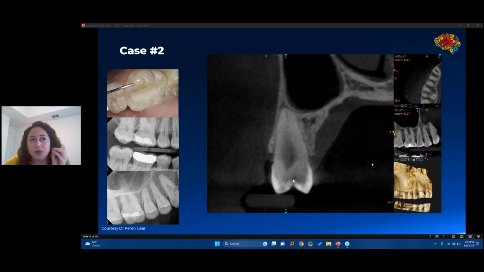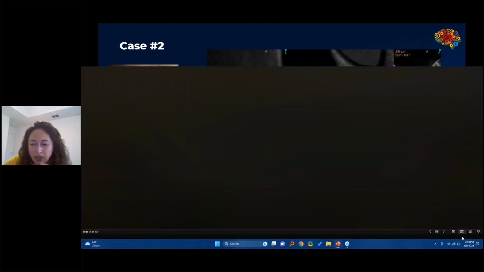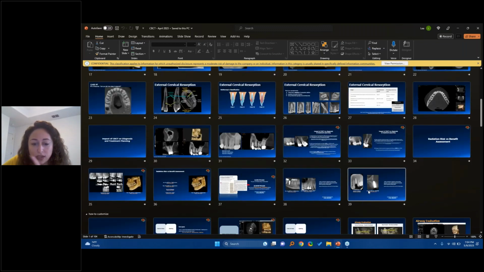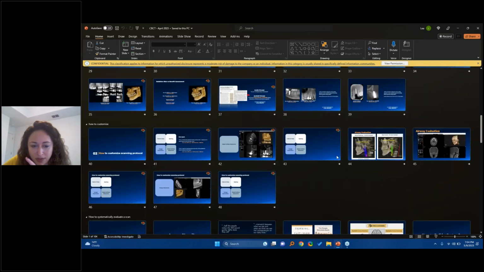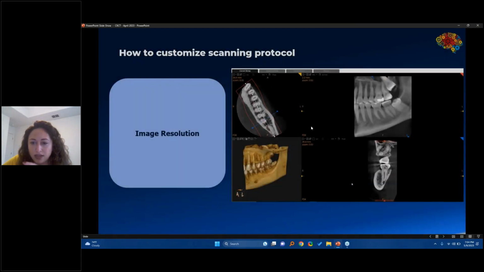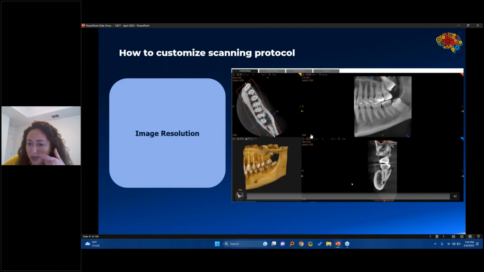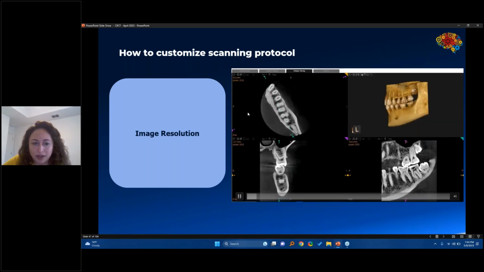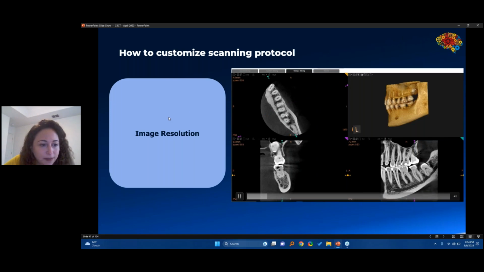There is one case we looked at that is 5 by 8, where the patient had generalized pain and wasn't sure where the pain was coming from. Let me show you which one. So this was the only one that was 5 centimeter width by 8 centimeter height. So it involved both the upper and lower left side.